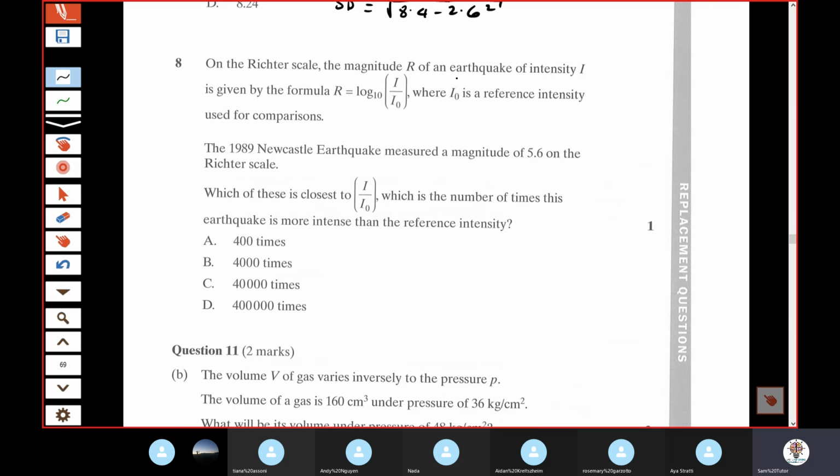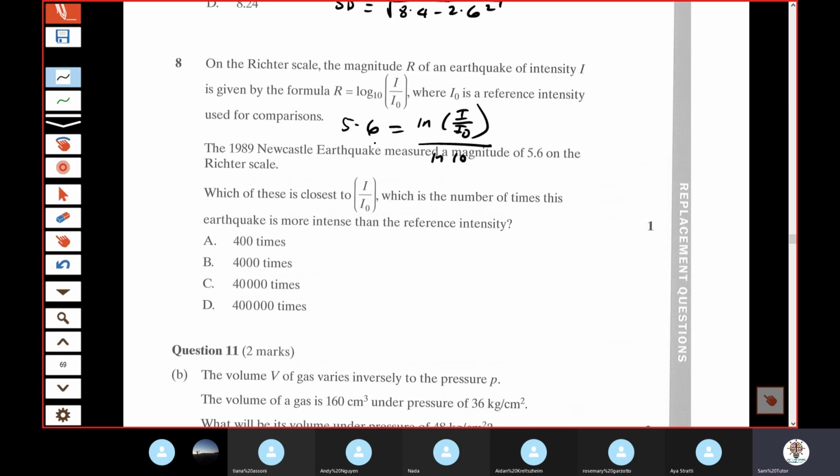So R equals 5.6 equals ln of I on I0 on ln of 10.